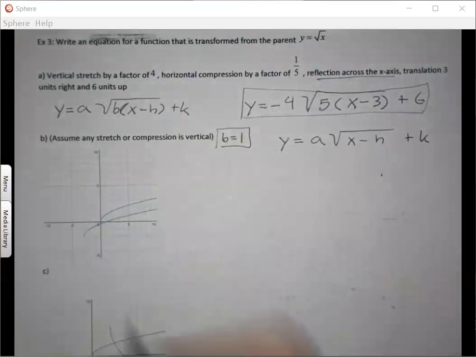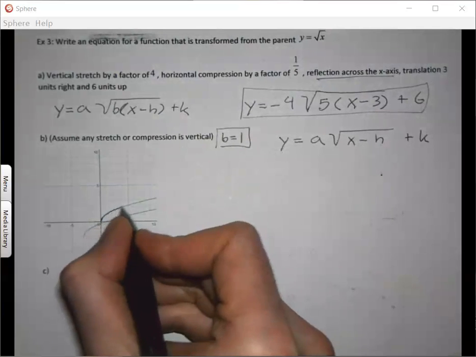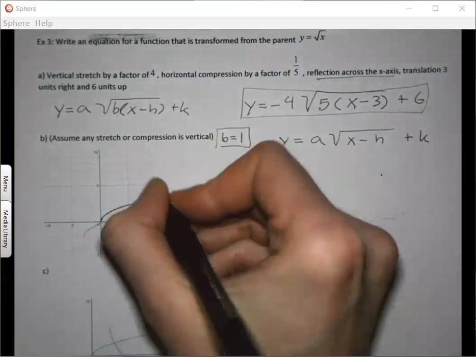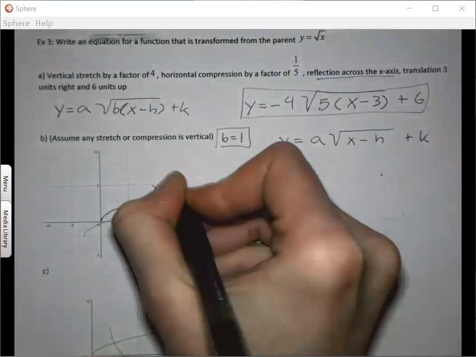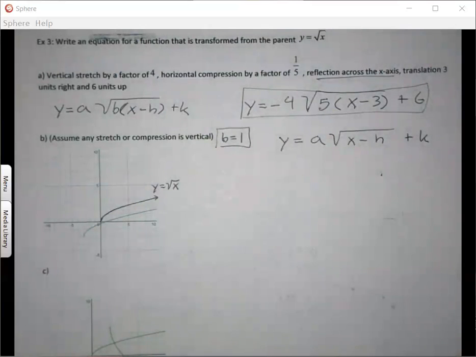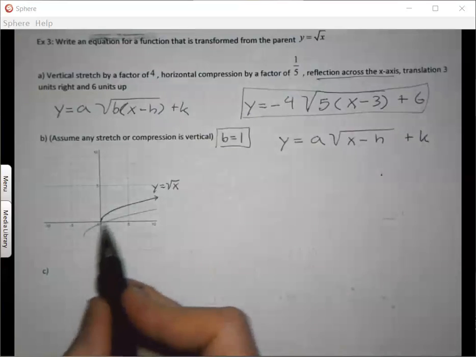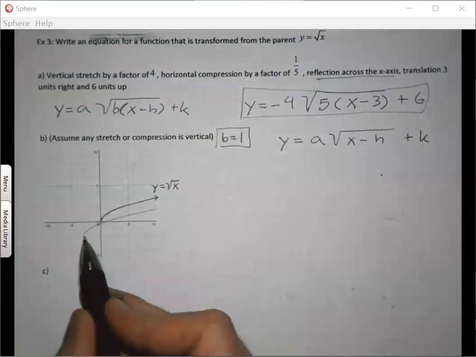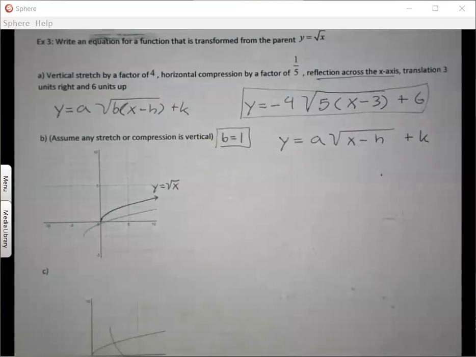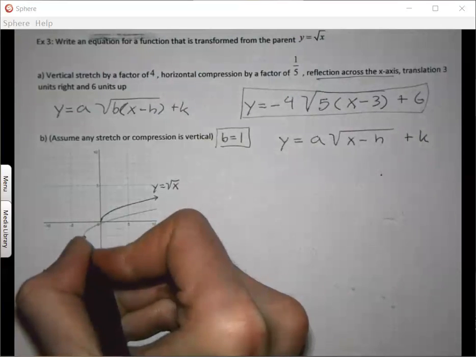So for b, this is our parent function. So this is y equals square root x. We want to write the equation for our transformation. So we're going to identify the origin.